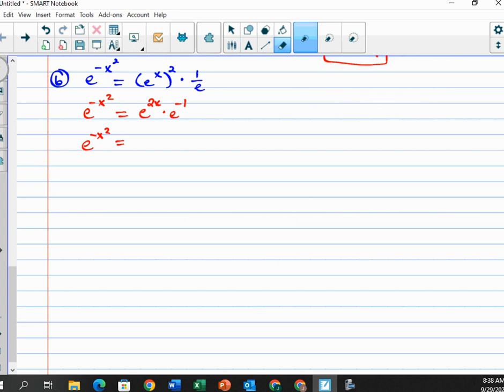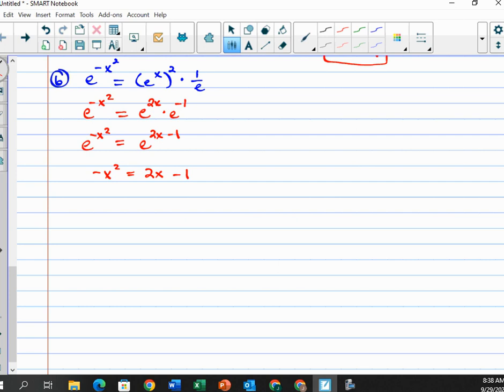So this is going to be e to the 2x minus 1. All right, bases match, right? So I can say negative x squared equals 2x minus 1. And you have to solve that.